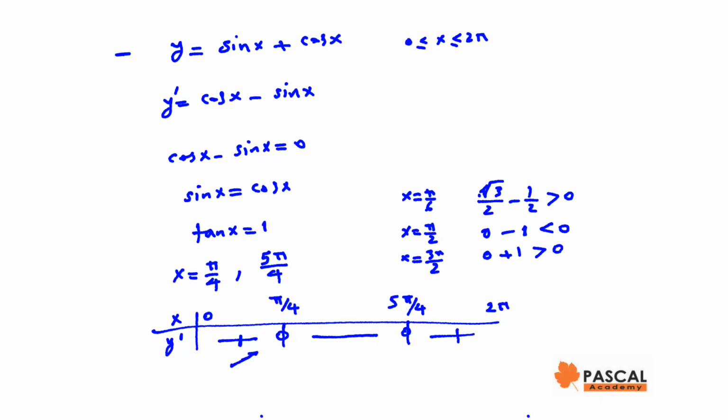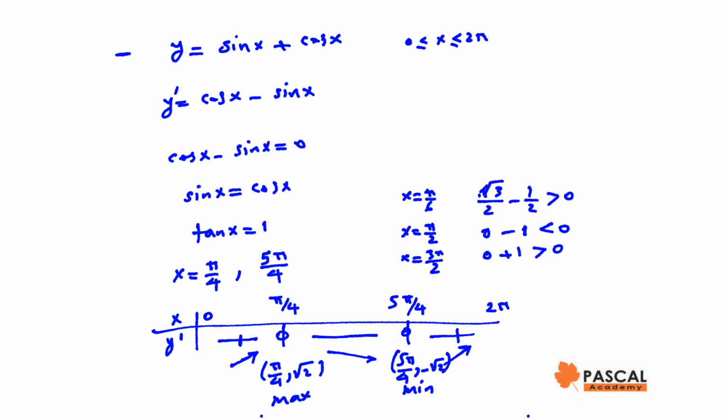For x between pi over 4 and 5 pi over 4, it is decreasing. And for x more than 5 pi over 4, it is increasing. (pi over 4, root 2) is a local maximum. (5 pi over 4, negative root 2) is a local minimum.